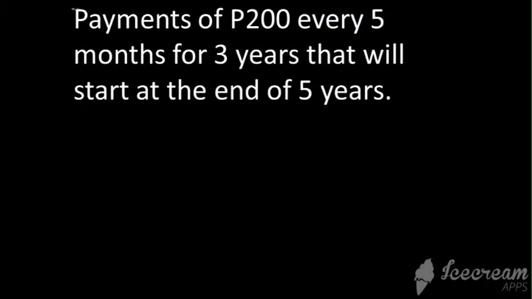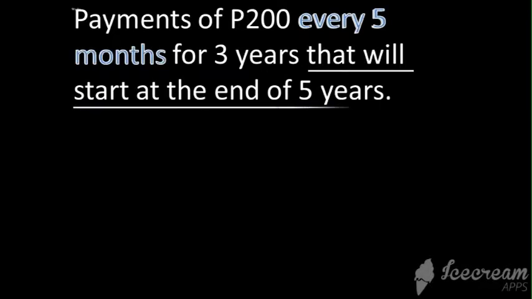Payments of 200 pesos every 5 months for 3 years that will start at the end of 5 years. Every 5 months, it will start at the end of 5 years.